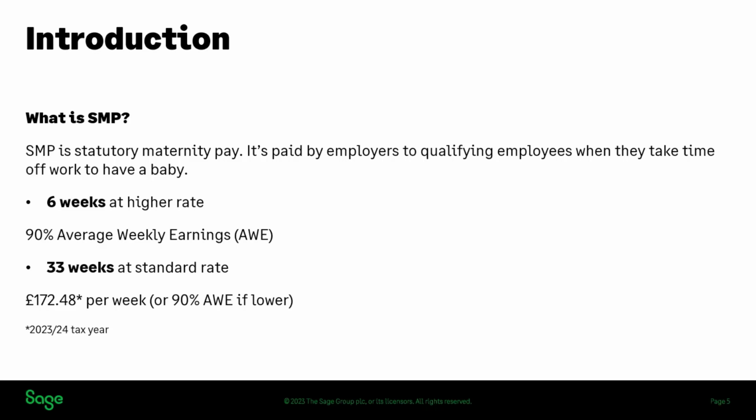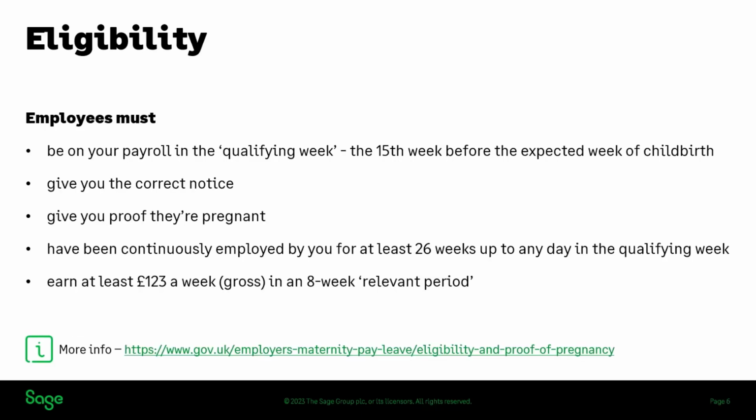Now, if the employee doesn't take the full 39 weeks, and therefore returns to work before that, the entitlement will end at the last full week that they were due. In order to get this payment, they must meet the eligibility criteria. You can read more about this on the gov.uk website, but just to summarise, employees must be on your payroll in the qualifying week. That is the 15th week before the expected week of childbirth.